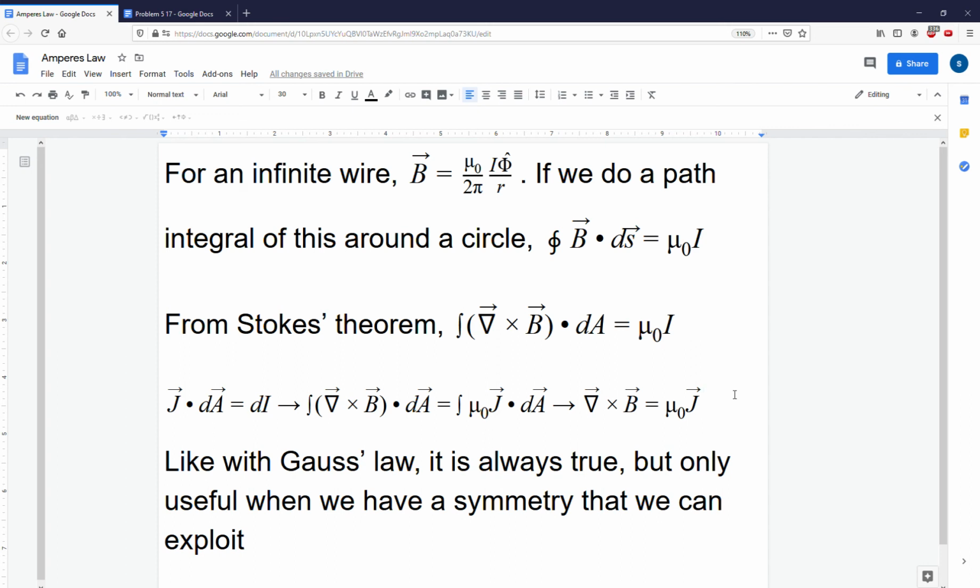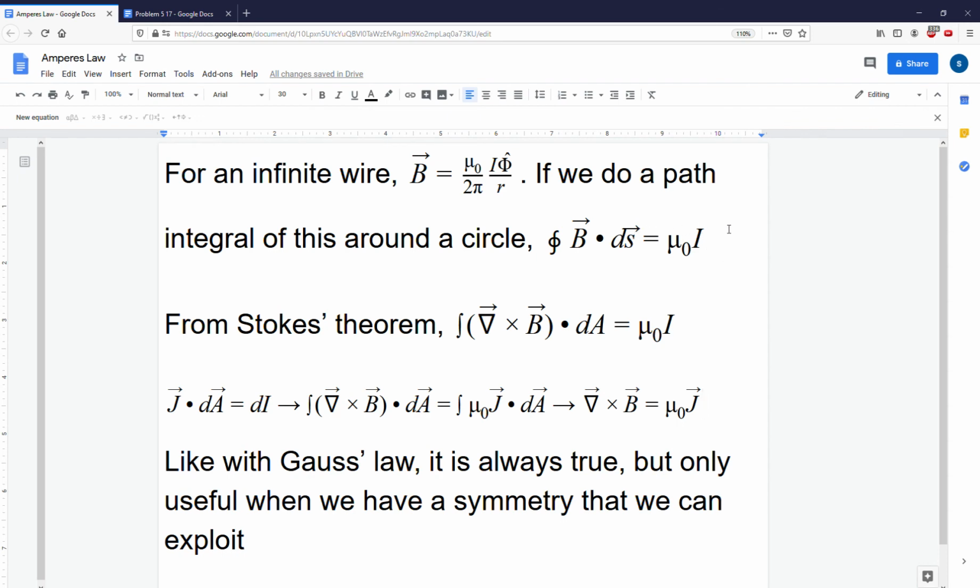So recall Gauss's law, if you had a closed Gaussian surface, you could say that the total electric flux through that surface depended on the enclosed charge. Well, now we can say that the total, this isn't magnetic flux, but it functions similarly, the integral of B dot ds is equal to the enclosed current.